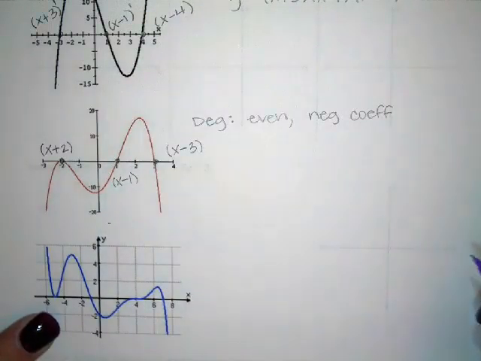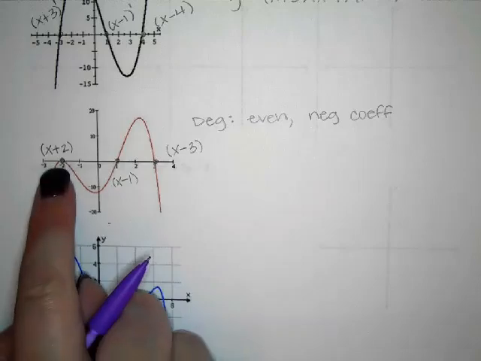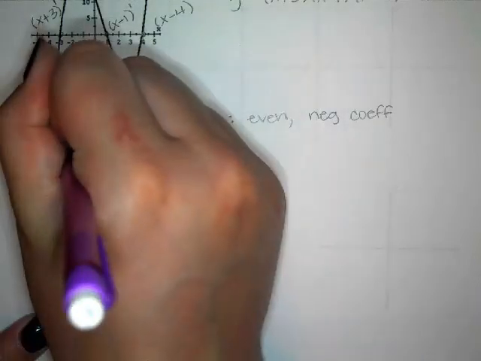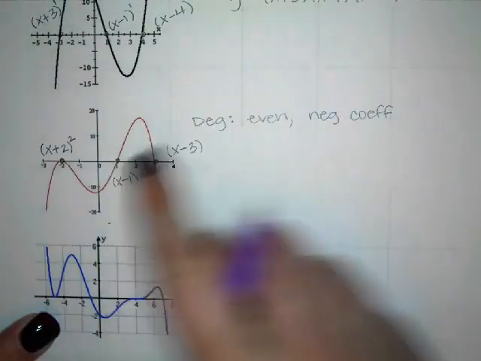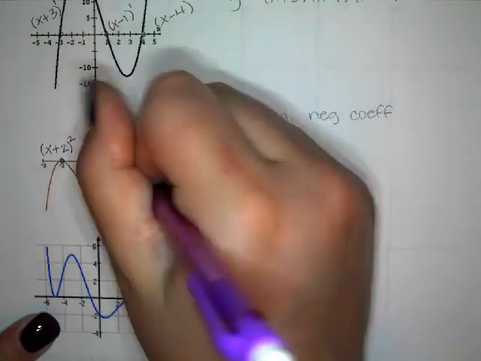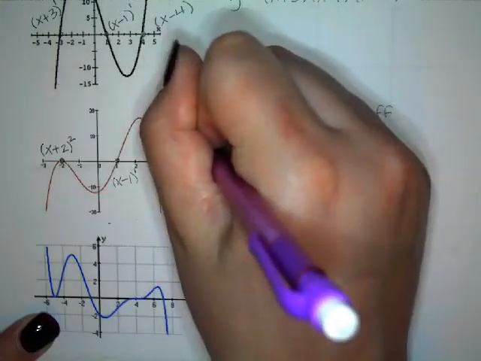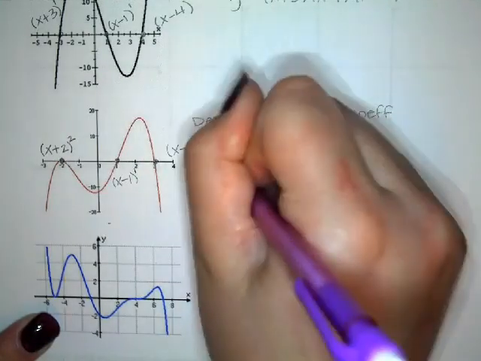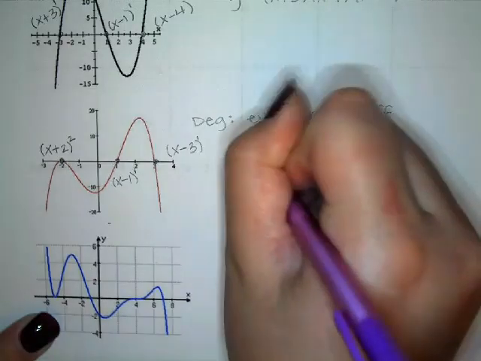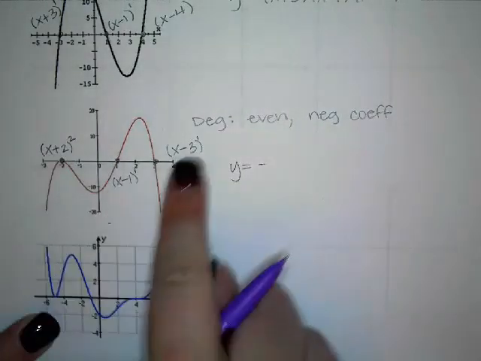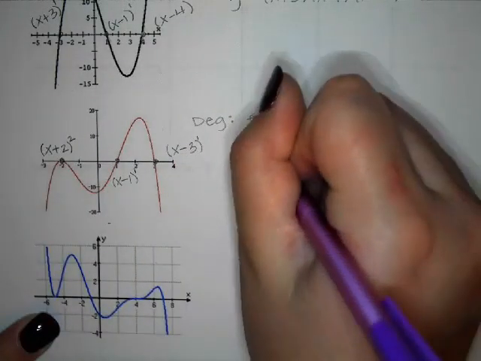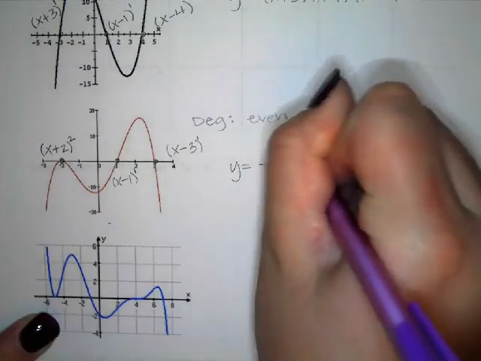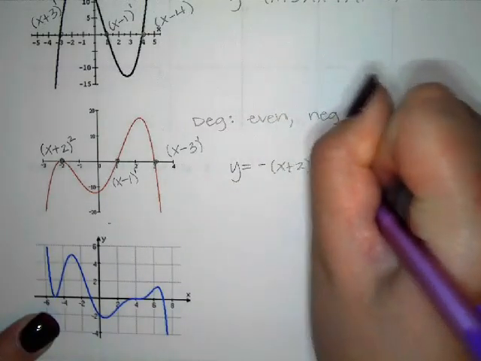All right, so this one bounces, that's a multiplicity of 2, straight through right here, straight through right here. So y equals a negative coefficient, and then I just need to write all my parentheses. (x plus 2) squared, (x minus 1), (x minus 3).